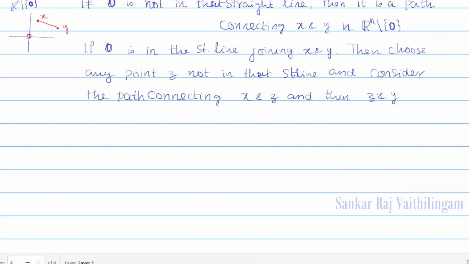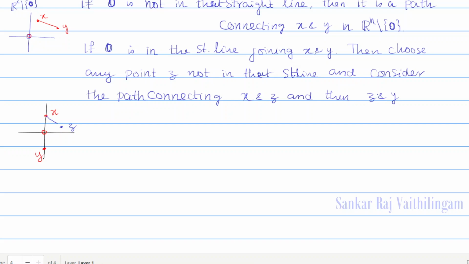I am just giving the idea. We have already discussed it in great detail. Suppose this is your x and this is your y, and note that this point is excluded. If 0 is in this straight line, then you choose a z which is not in the straight line.